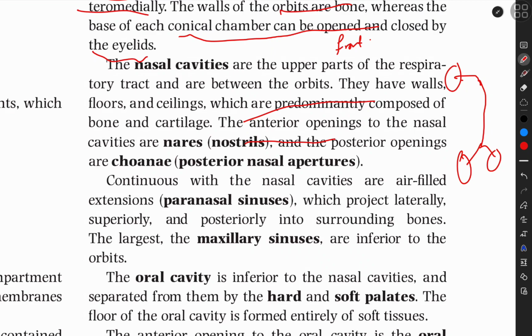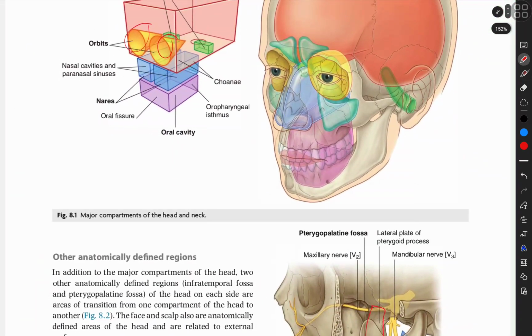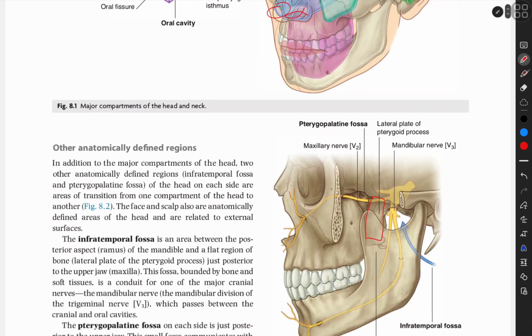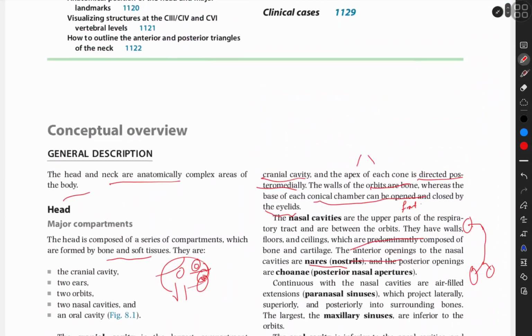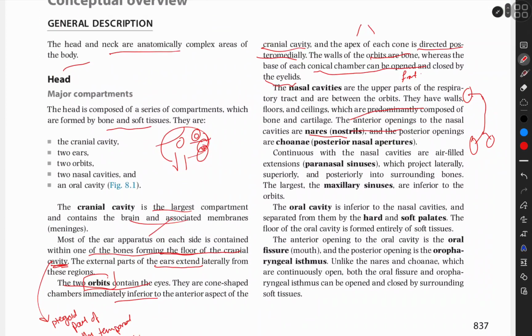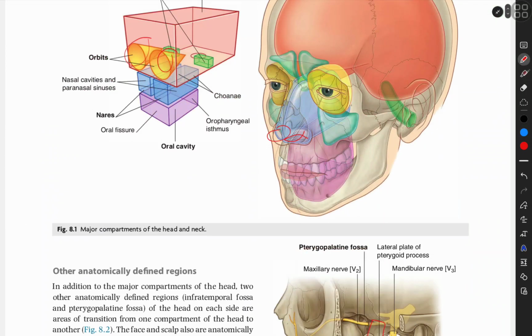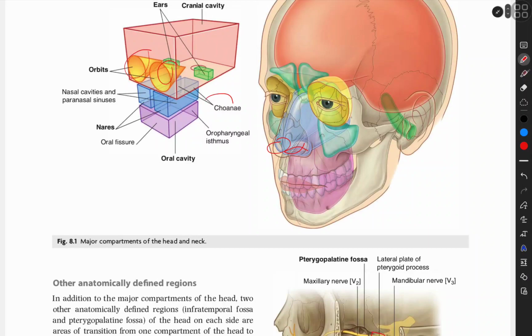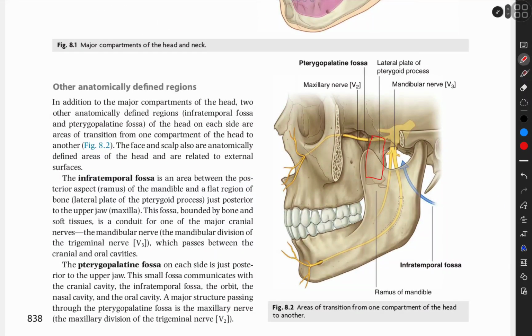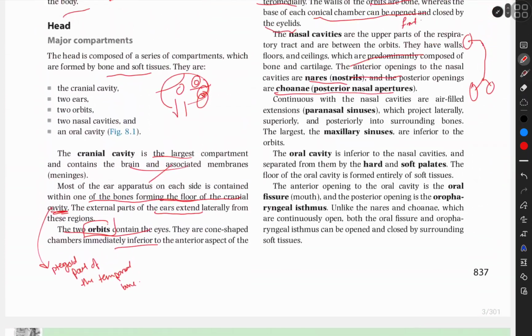Yes, the anterior openings to the nasal cavities are nares. Okay, the outside. These are the nares. And the posterior openings are choanae, posterior nasal apertures. Yeah, so these here are the choanae, and they're extremely well visible on the skull as well, I think.